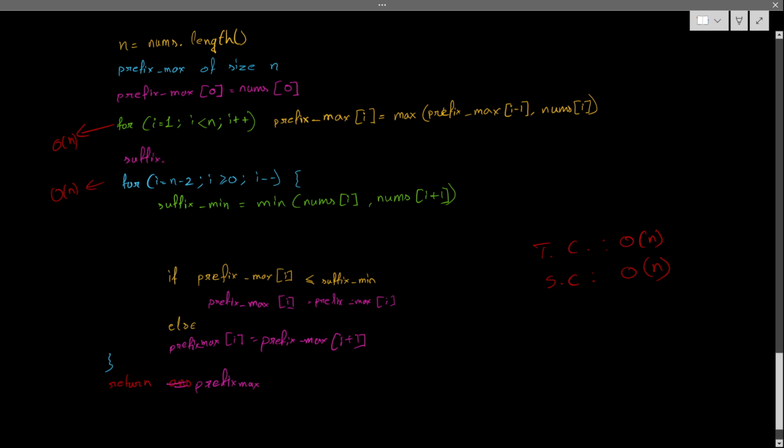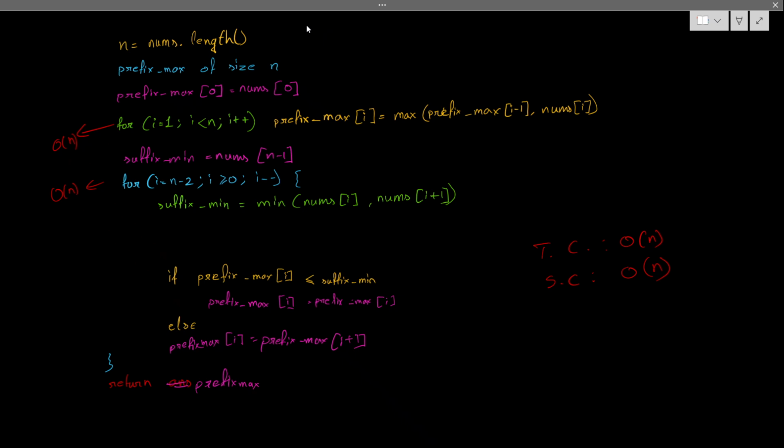I have to initialize the suffix min, sorry, not n minus 1, this is suffix min, there is no array. So I have to initialize the suffix min as nums of n minus 1.